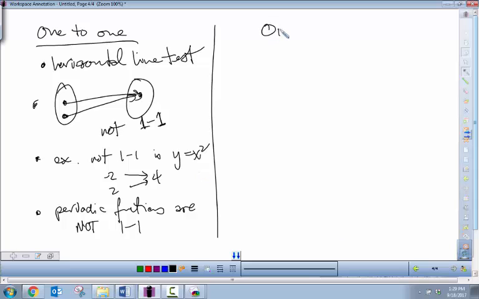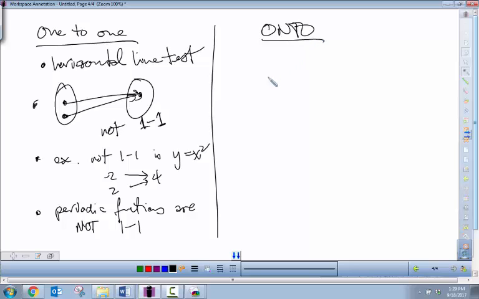Onto. What does that mean? If something is onto. So this is where the idea of a range is good to distinguish between the idea of a codomain.